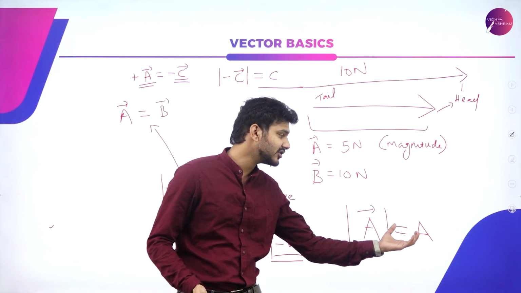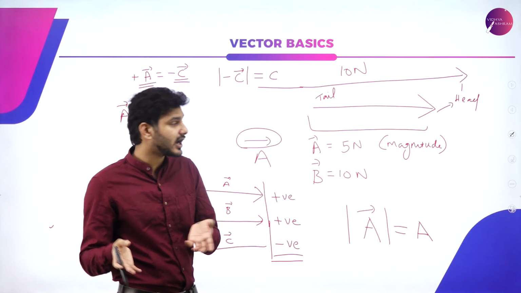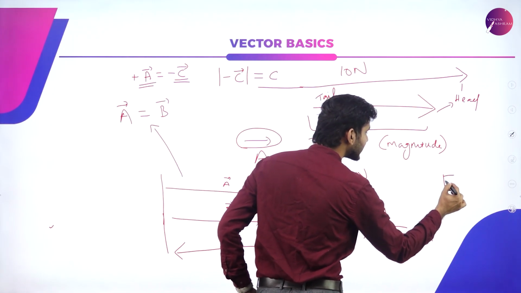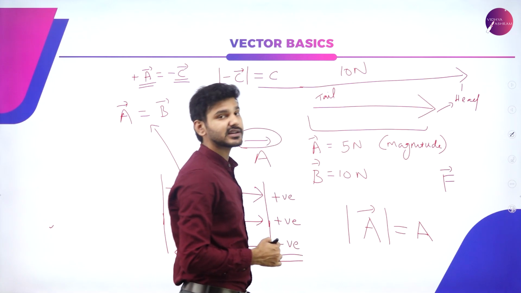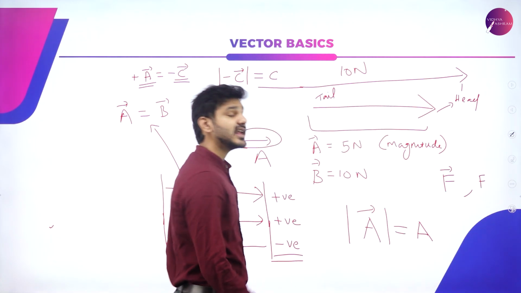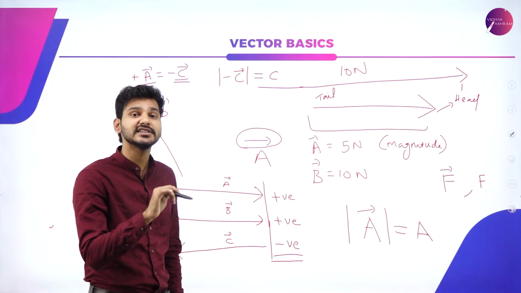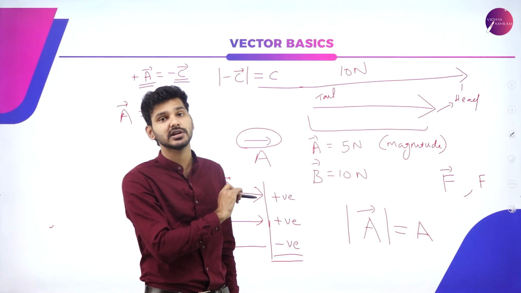That is why when certain equations are written down, instead of writing vector F, the force vector, sometimes we will only write down F. Then that means that quantity only has magnitude. We are not considering the direction of that vector.